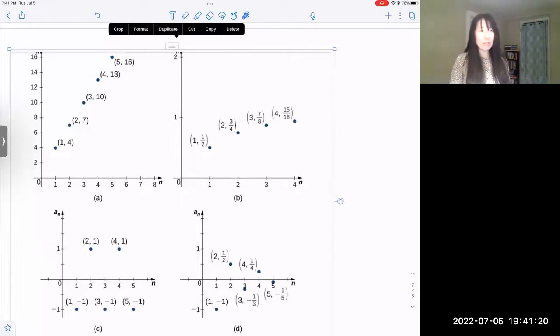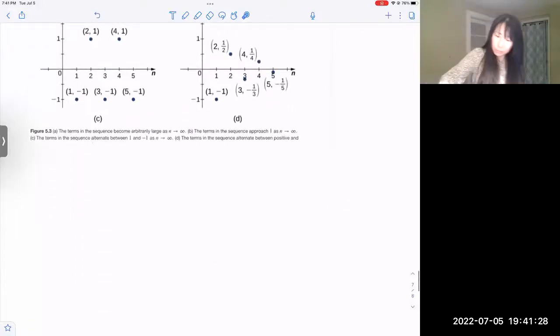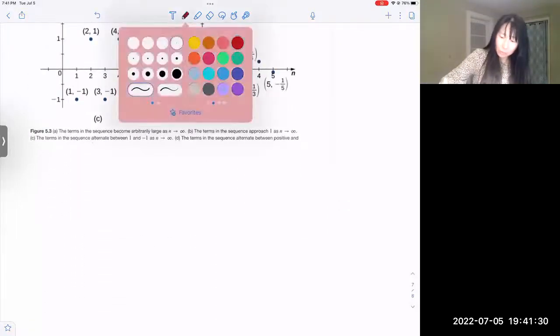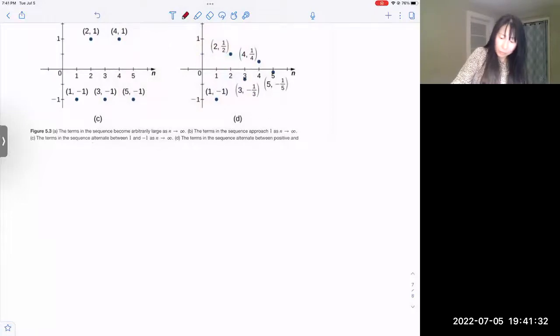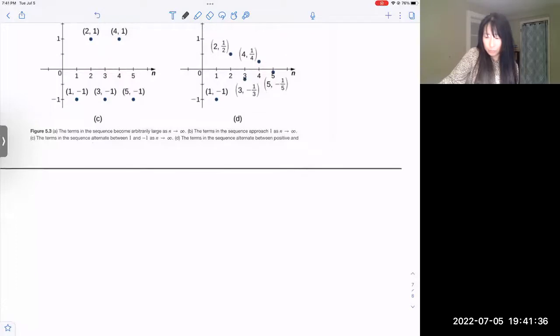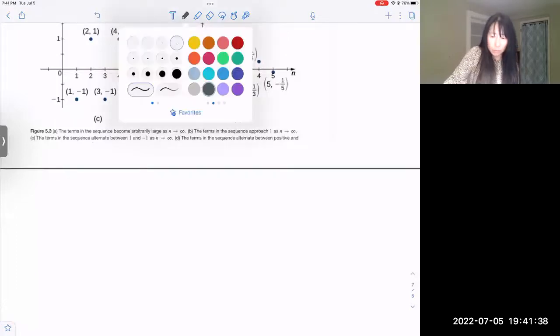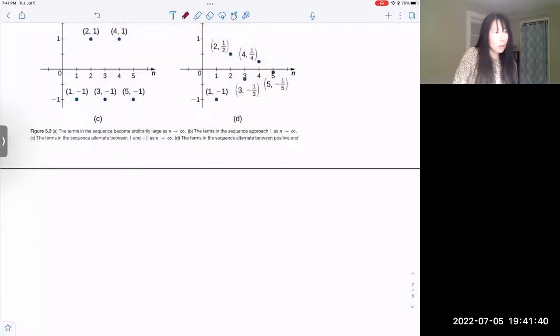We have convergence, then we say that the limit goes to a number, which is L. Let me just make it short.